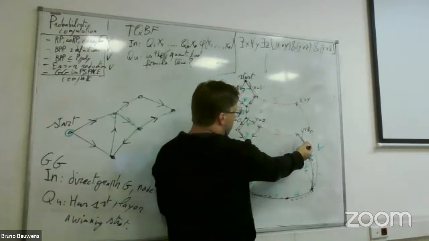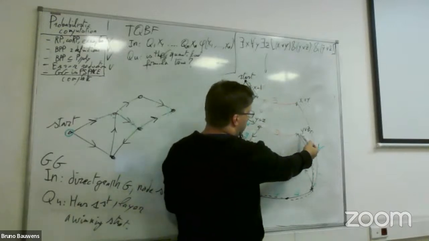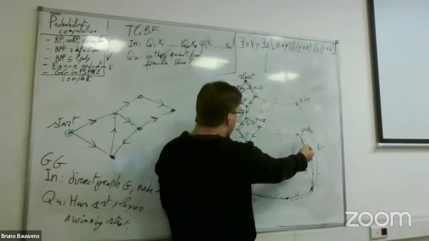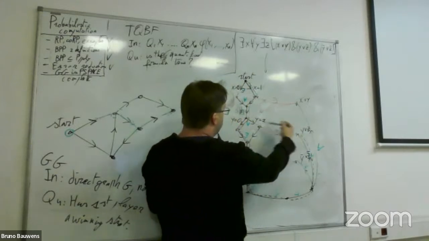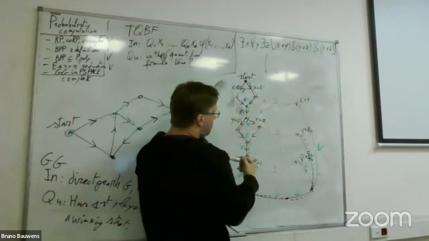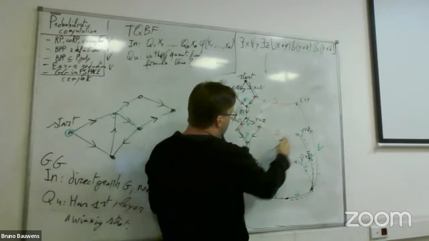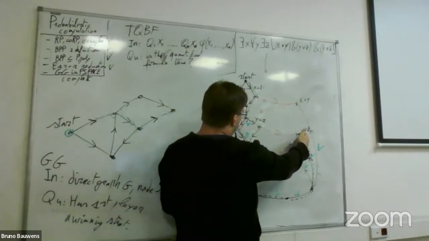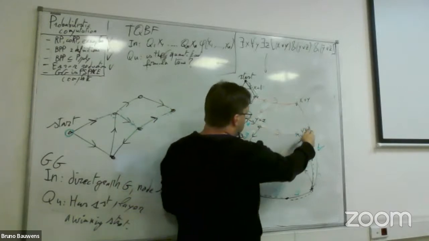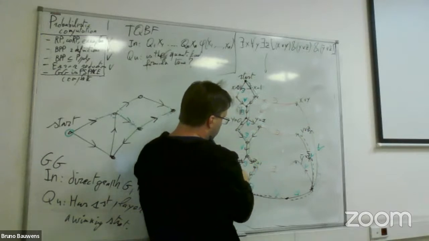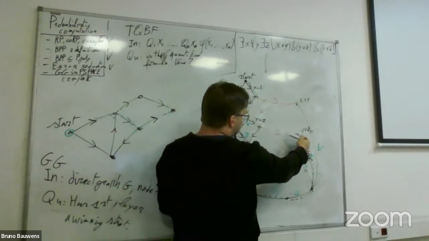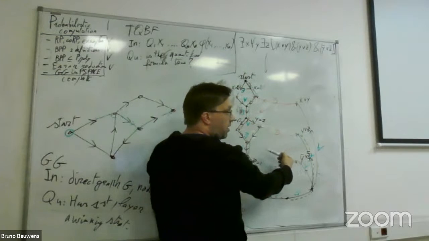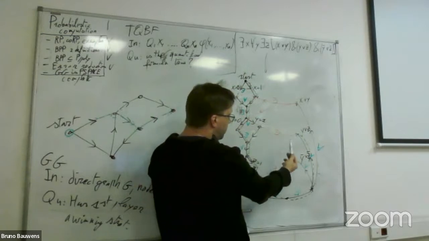Now, if this clause is false, it means all of its literals are false. If all of its literals are false, it means that the game has already passed there. For example, Y is a false literal because Y is 0, but Z is a true literal. So imagine that we went here, then this node was also used, and it means the exist player has all his moves blocked, and the exist player loses.